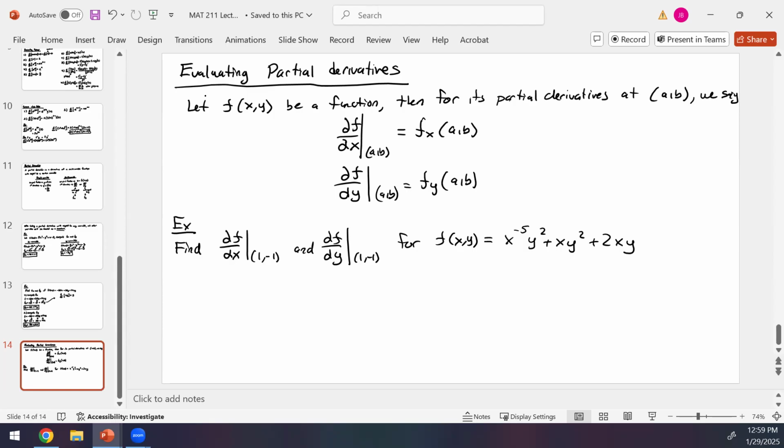Okay, so step one is you're going to compute fx, the partial derivative with respect to x first, or y, doesn't matter. So f is equal to x to the -5 y squared plus xy squared plus 2xy.